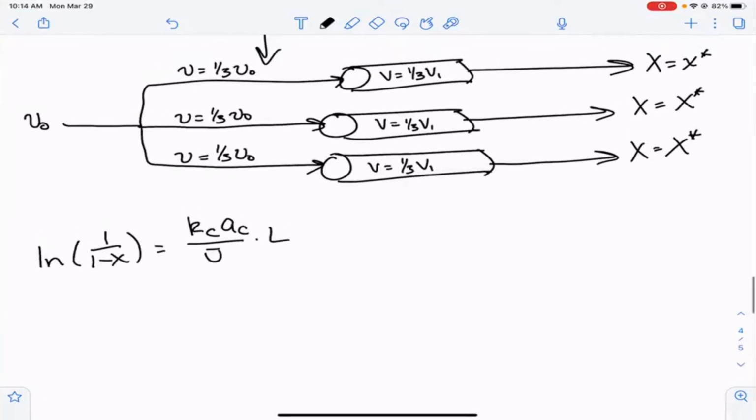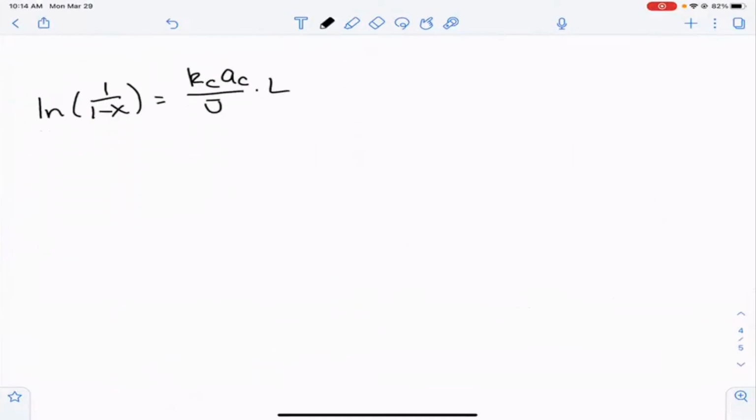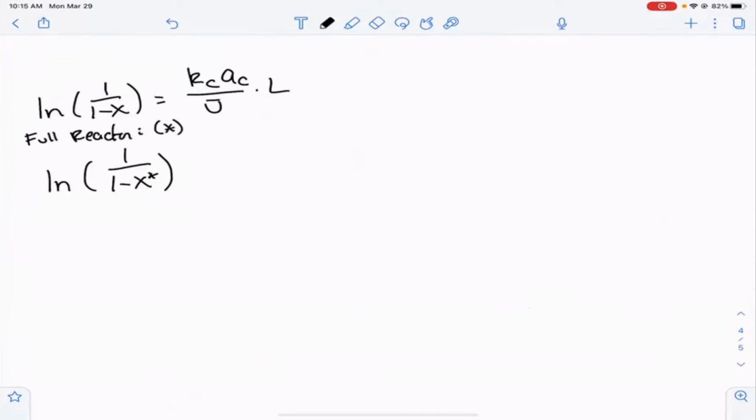So let's say for the full reactor, we would then say that the natural log of 1 over 1 minus X star, we'll denote that by a star, equals the mass transfer coefficient, Kc star, times AC times the reactor length divided by the velocity, of that particular case.